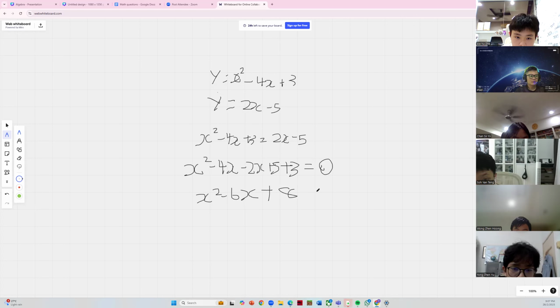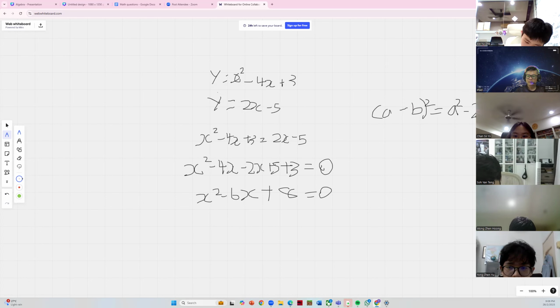Yeah, equals 0. So we can factorize this since a minus b square equals a square minus 2ab plus b square.